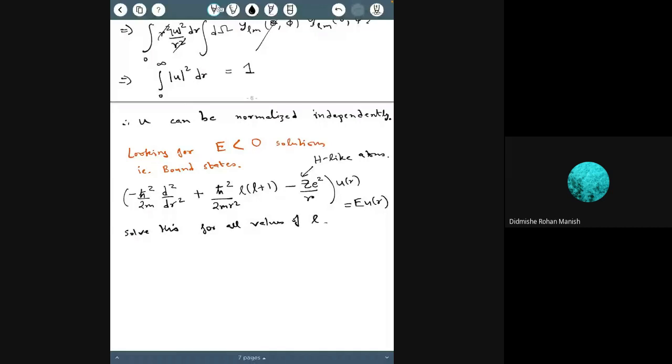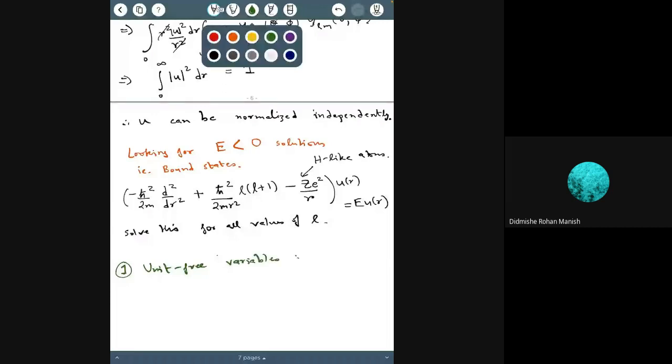Now, step 1. Step 1 is we want to go to unit-free variables. So to do that, we're going to shift from R to X, which is unit free, using A0, which is the Bohr radius.